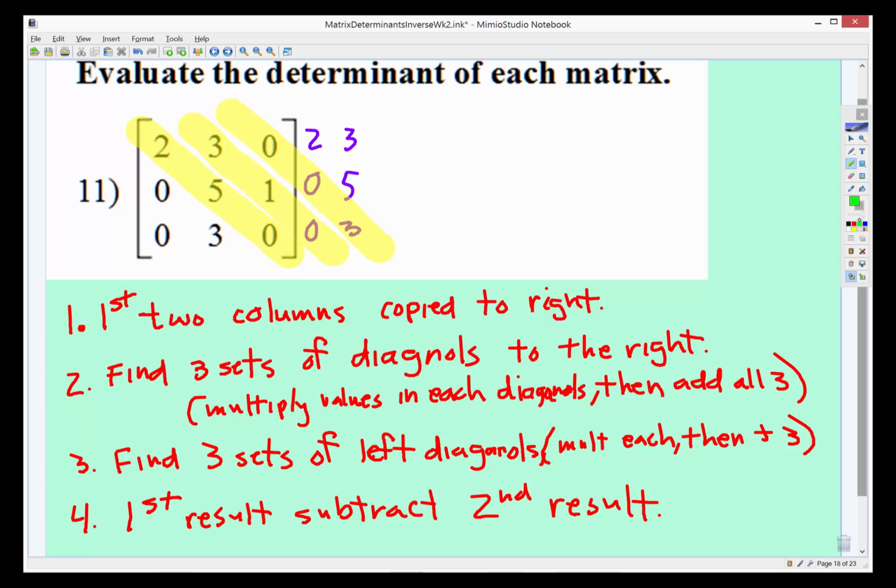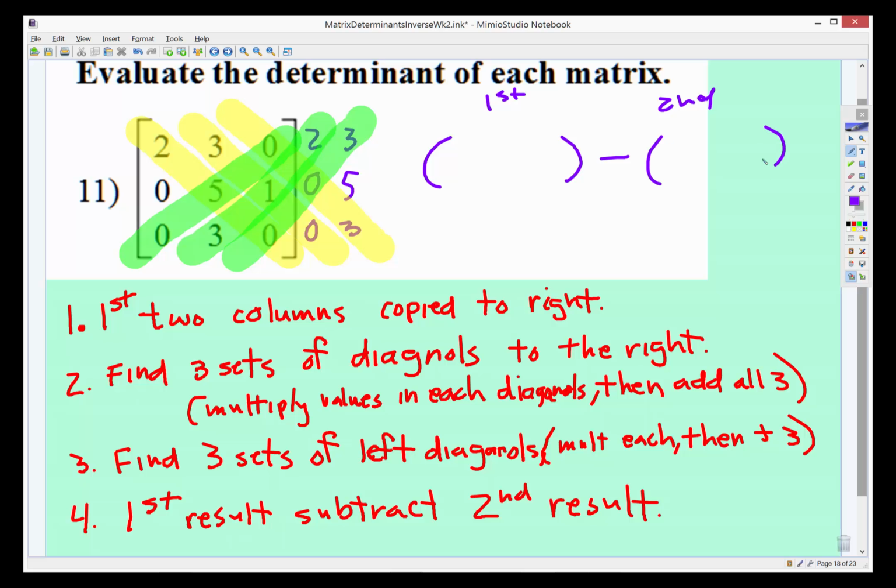You're going to highlight the diagonals moving left to right, but starting from the bottom. You're going to take the first diagonal results, subtract the second diagonal results. So 2 times 5 times 0 is 0, plus 3 times 1 times 0 is 0. 0 times 0 times 3 is 0.